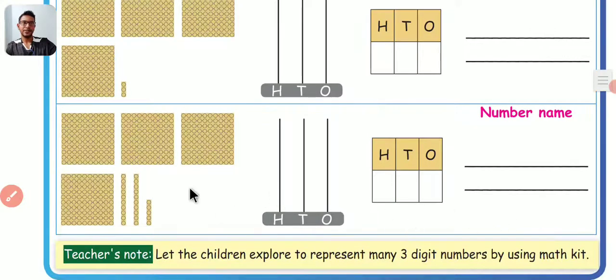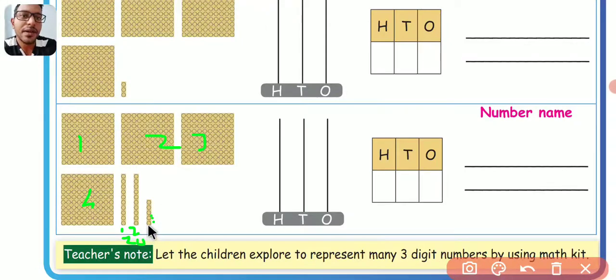So similarly you can find this also. So how many hundreds? 1, 2, 3, 4. 4 hundreds. And what is this? This is tens. How many tens? 1, 2 tens, that is 20. How many ones? 1, 2, 3, 4, 5. 5 ones.